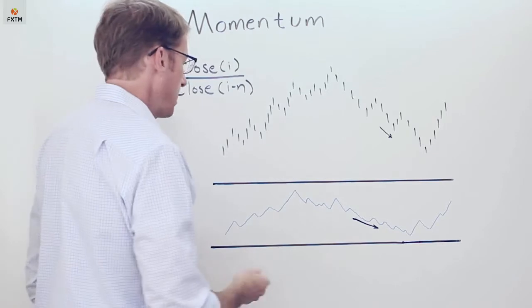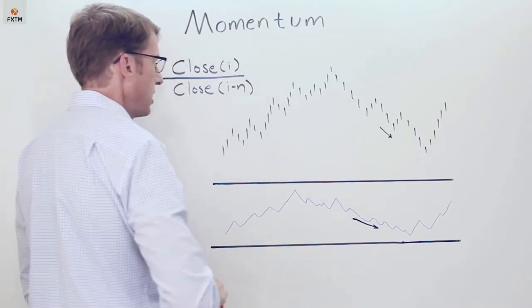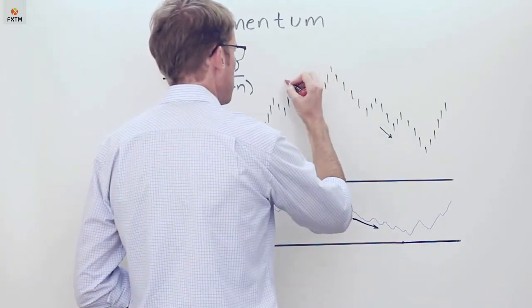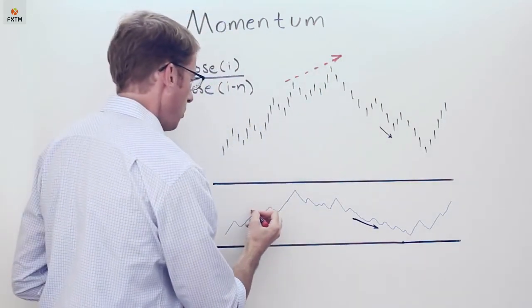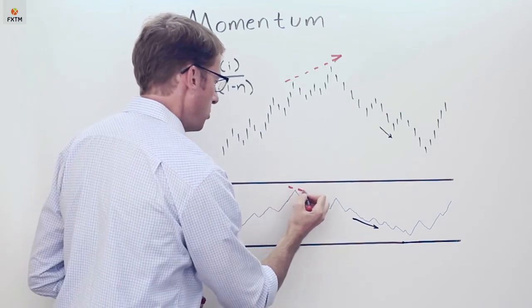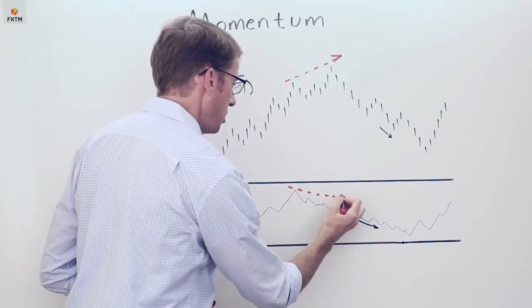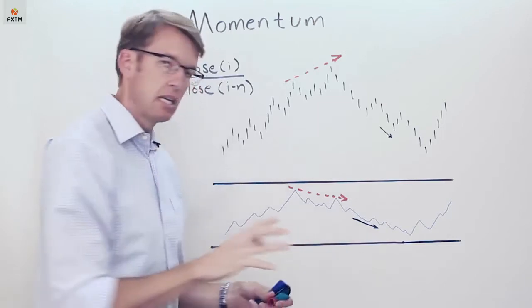So you can see an example of this here in my sketch of a price chart, where I have higher tops on the price, while at the same time the momentum oscillator is forming lower tops on the oscillator itself.